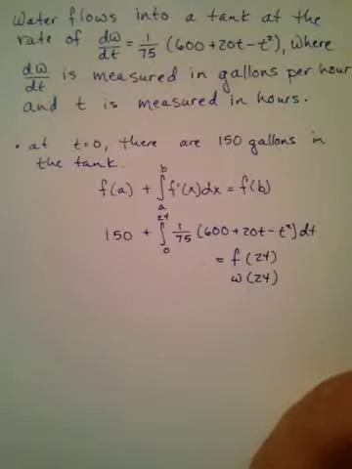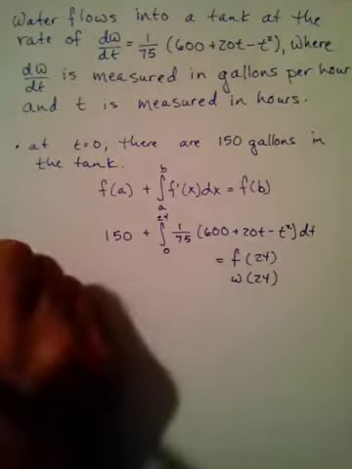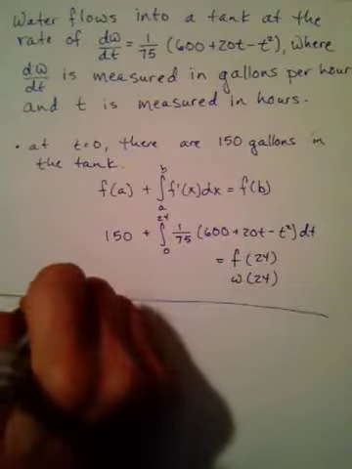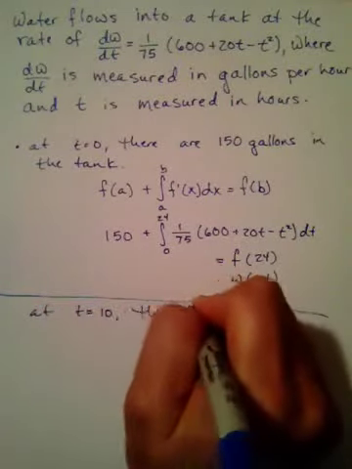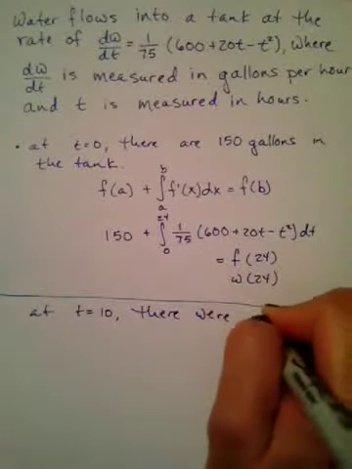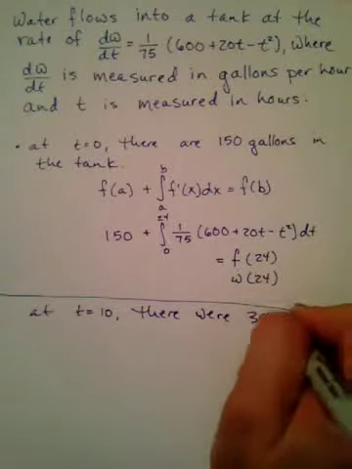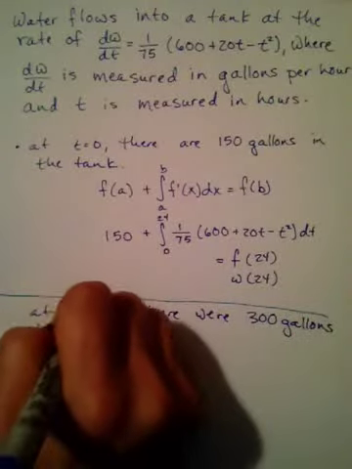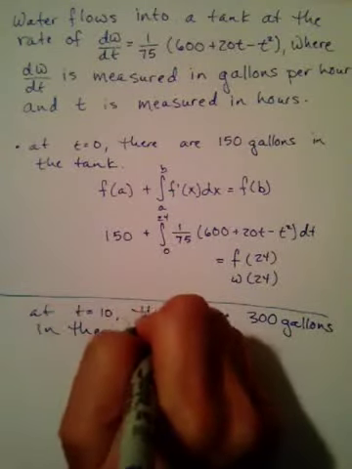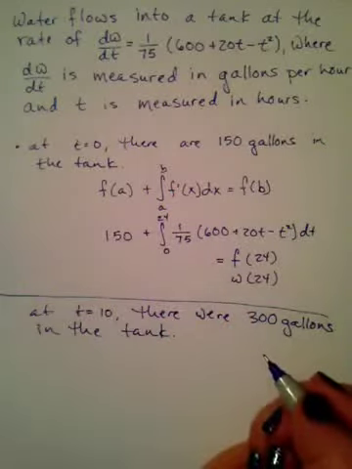Well, what if you actually said at t equals 10, there were 300 gallons in the tank. So you have a different time, a different start amount.